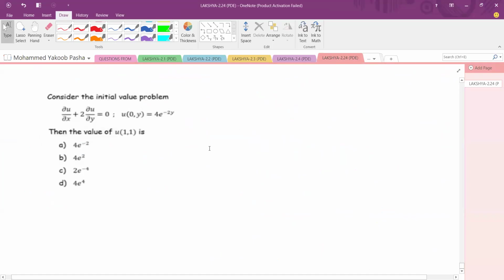But I am giving here a simple technique to solve the Cauchy problem of the given equation. This is CSIR NET 2015 June. Simply we can observe here it is not a wave equation, not a heat equation, so it is a Cauchy problem.